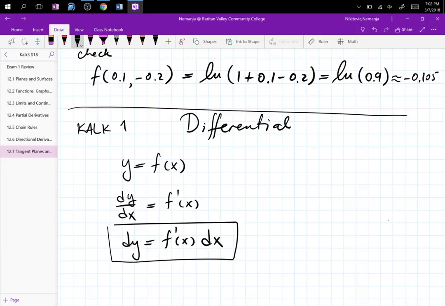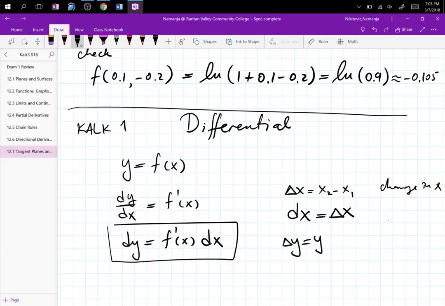Now, what is important to know on the side is that delta x is x2 minus x1. This is the change in x. And we need to know that dx and delta x are the same thing. Now, delta y, which is y2 minus y1, is the change in y.